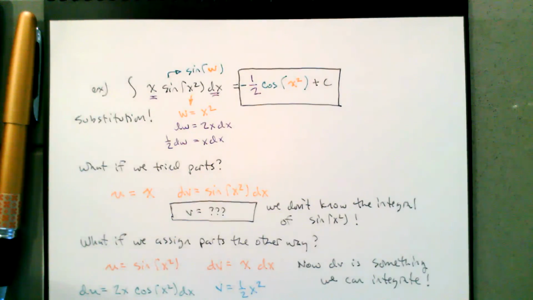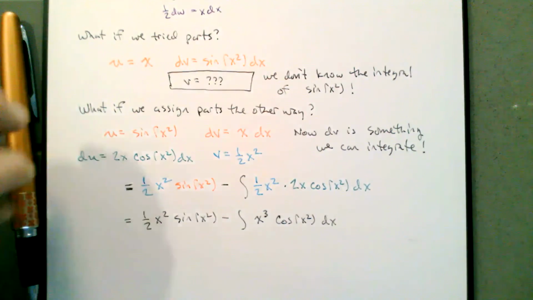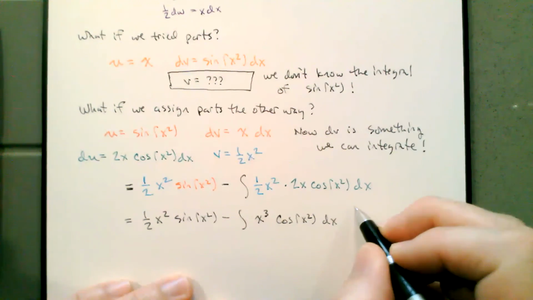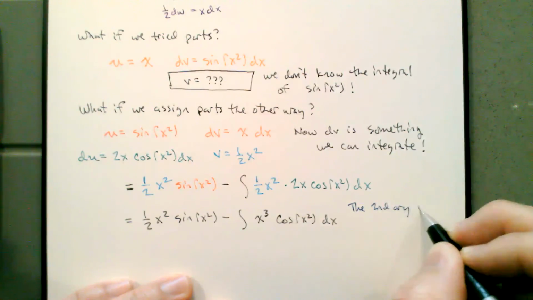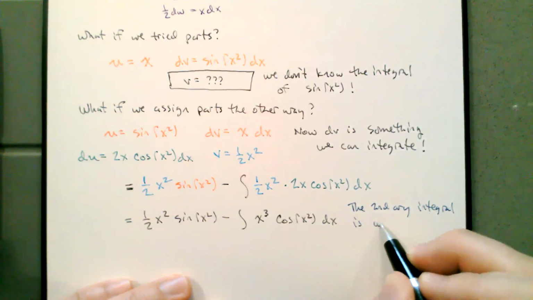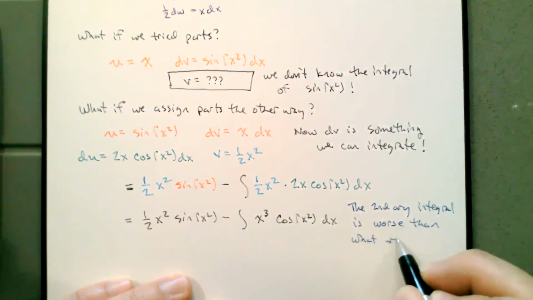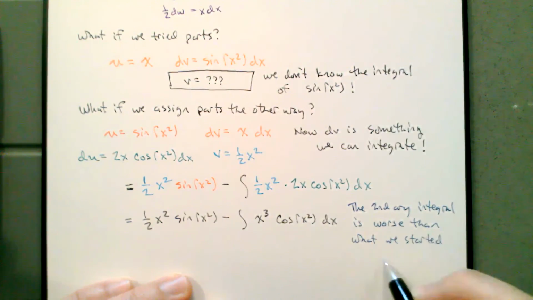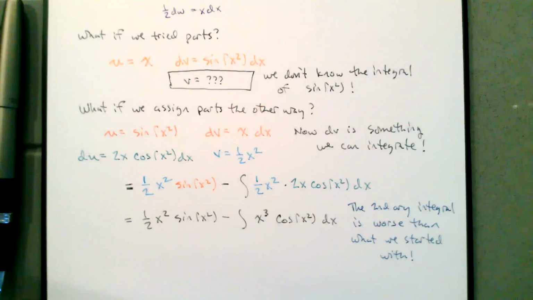We had x to the first times sine of x squared, and now I've got x to the third cosine of x squared. The secondary integral is worse than what we started with. So this should be a big red flag that our process is going to lead us astray.